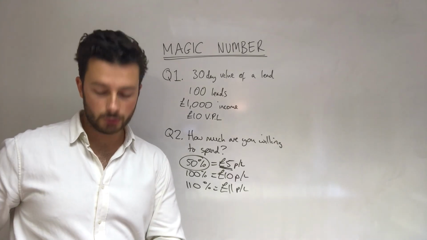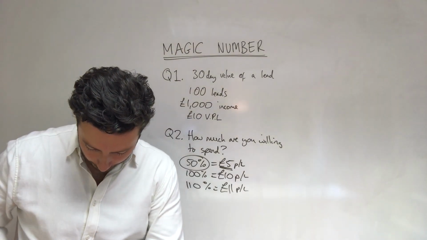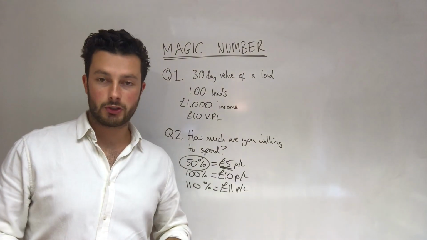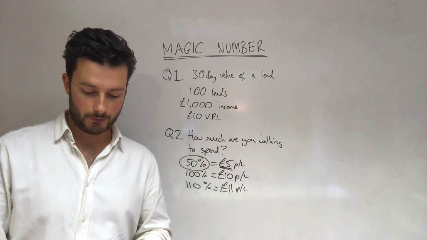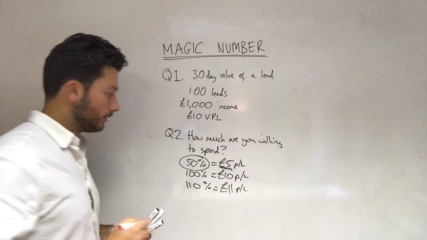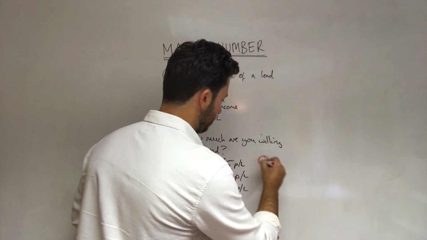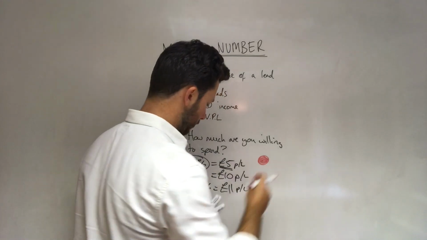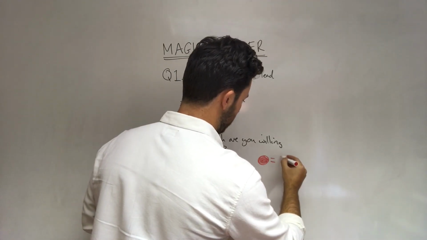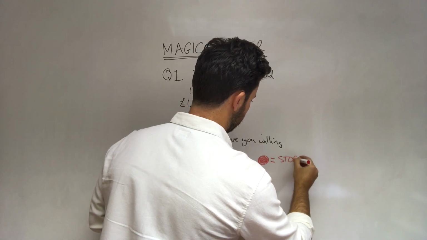So what I like to do is, if I reach for my coloured pens here, use a traffic light system. So I will do this here. We've got red, and red means stop.